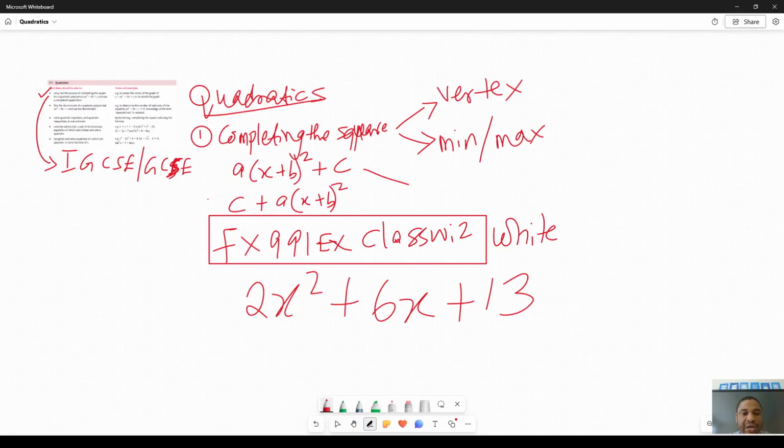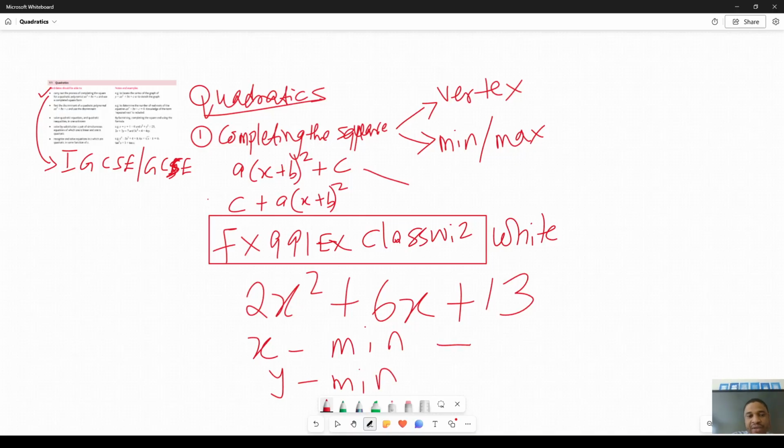So when you use your calculator, I'll just put 2, 6, 13. Maybe I'll make a video on this also. I don't need the roots. I need the x minimum and the y minimum. It can be max, it depends on how the equation is.